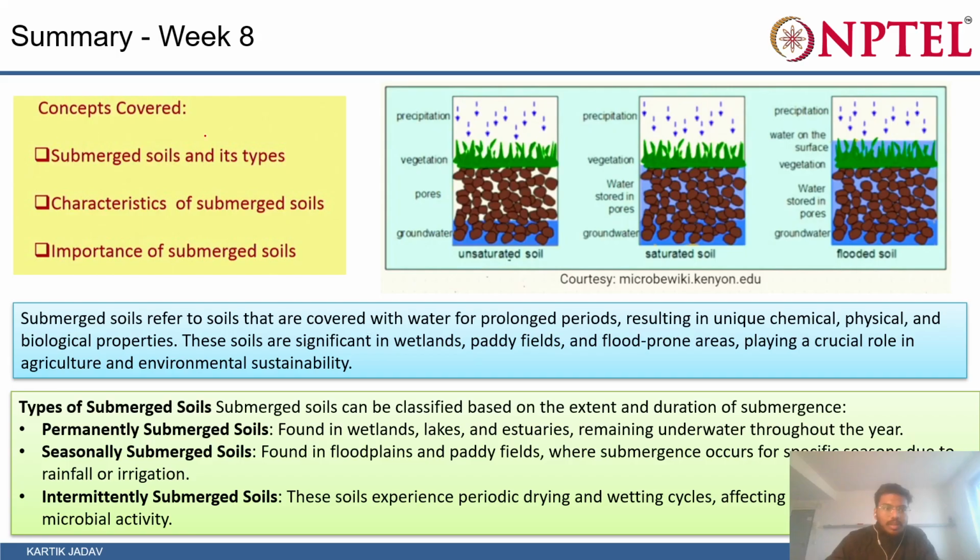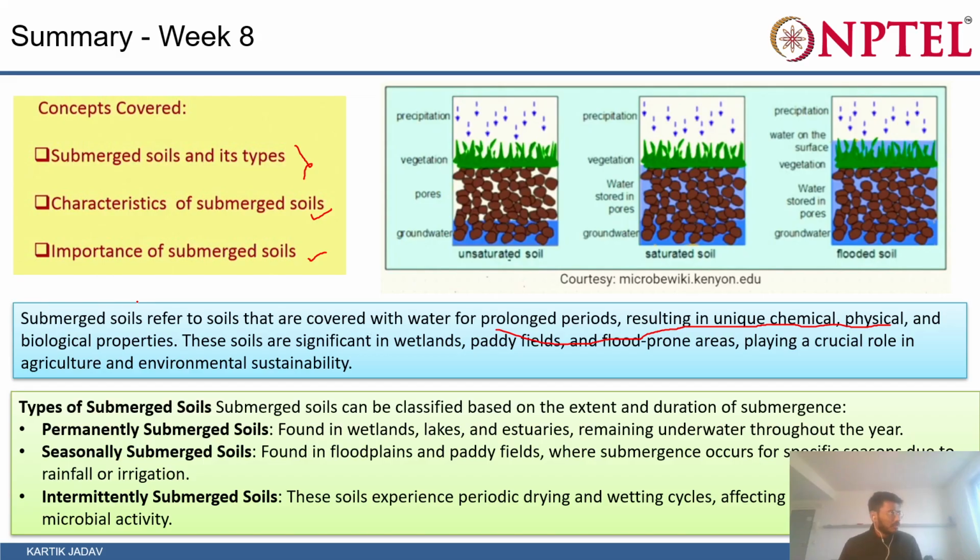problems related to submerged soil, the characteristics of submerged soil, and the importance of submerged soil. Submerged soil generally refers to soils that are covered with water for prolonged periods, resulting in unique chemical, physical, and biological properties.